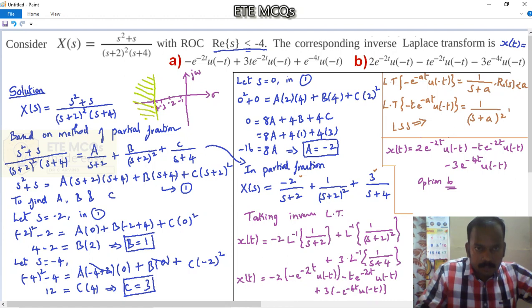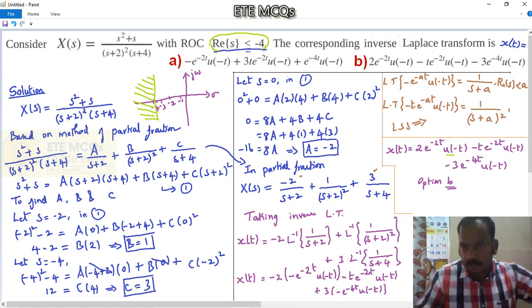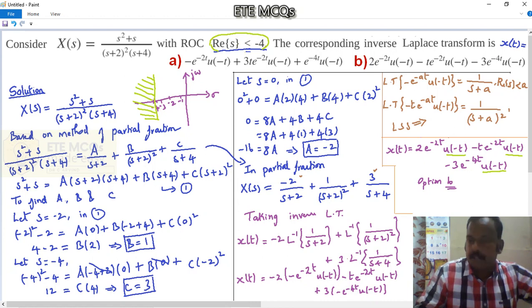So this is the graphical representation of the given ROC. Understanding the ROC helps you to solve the problem easily. So all the terms associated with this should be a left-sided sequence. U of minus t is a left-sided sequence. Only then will this ROC get satisfied. Okay. Thank you.